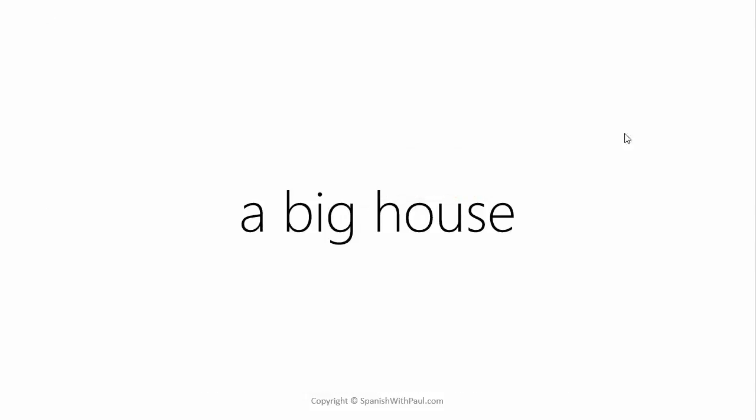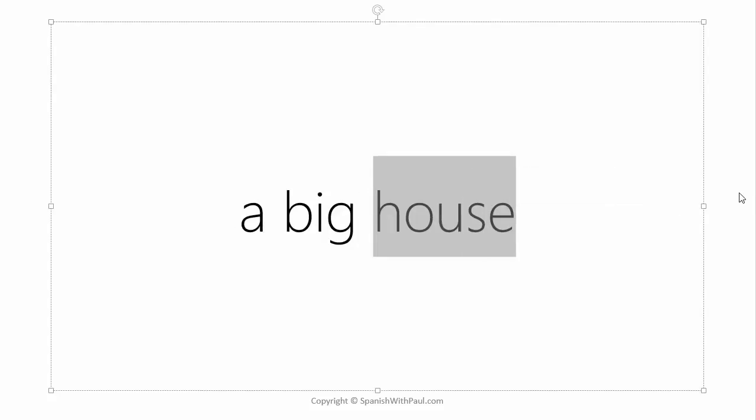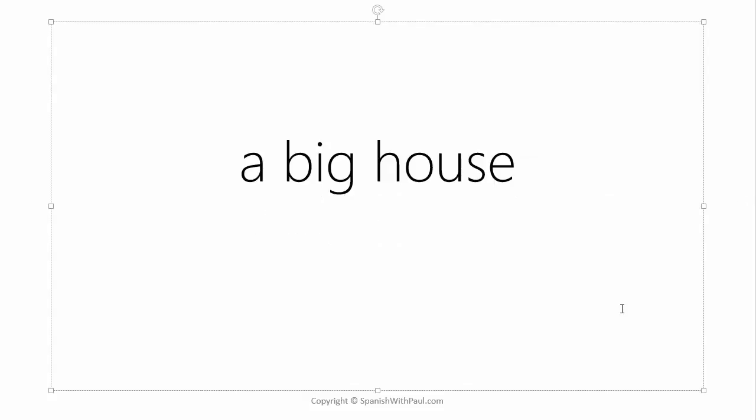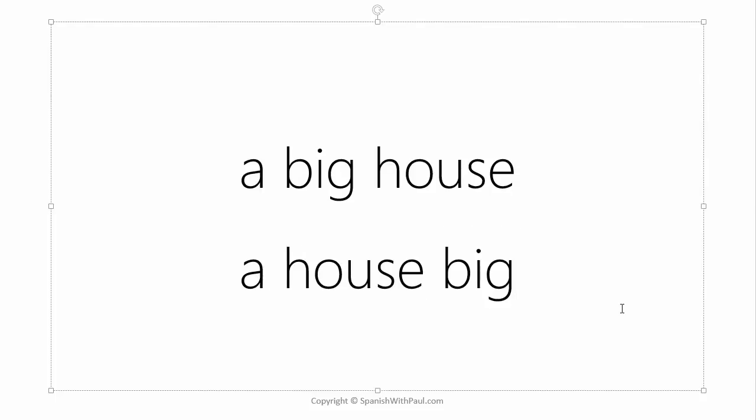In English, we have this kind of order where we say a description and then what it is, a big house. But as I mentioned to you, in Spanish, it works the opposite way typically. So they would say a house and then big. It's very important to be aware of that because it is a fundamental difference.